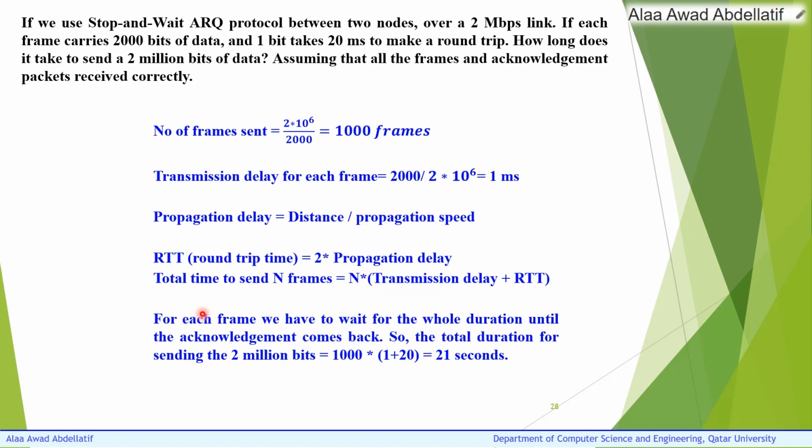Each frame takes the number of bits over the transmission rate. The propagation delay is the distance over the speed. This will take time to send 2 million bits.